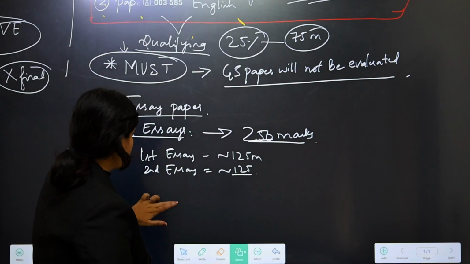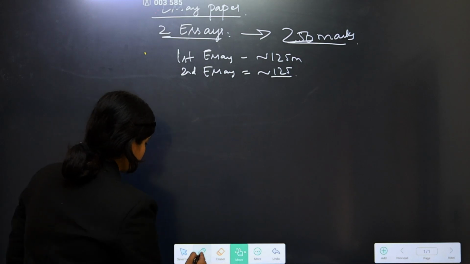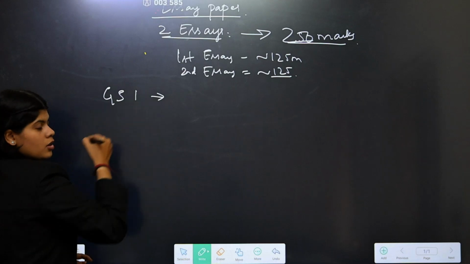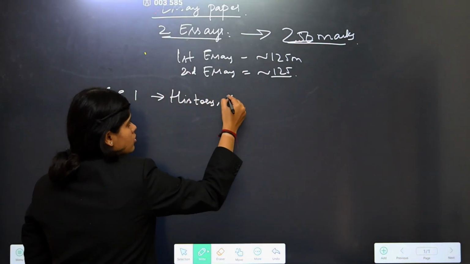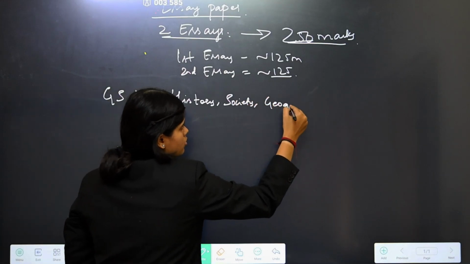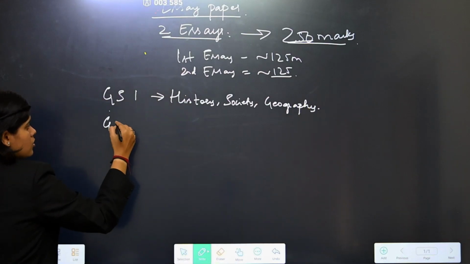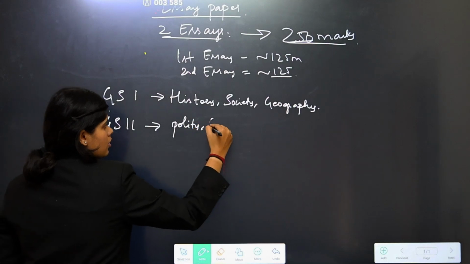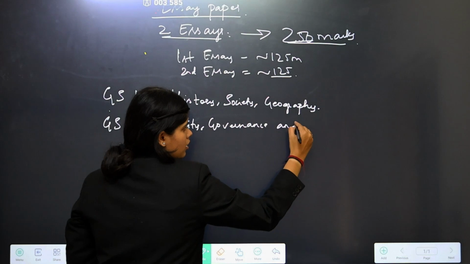Now after this, you will have your GS 1, which is going to be your history, society, and geography. Then your GS 2, polity, governance, and IR.